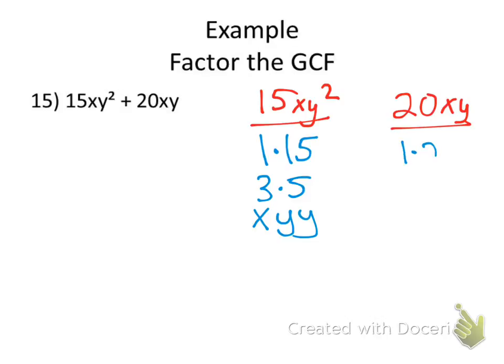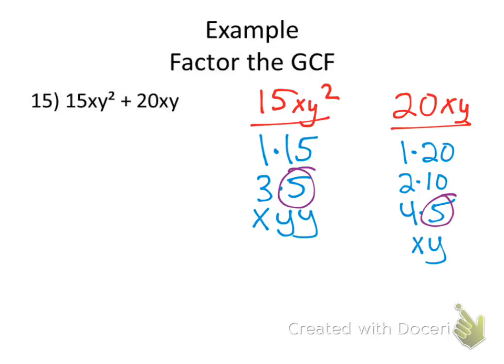For 20 we have 1 and 20, 2 and 10, 4 and 5, x, y. So what's the biggest number in common? 5. And then they both have x, xy and xy.